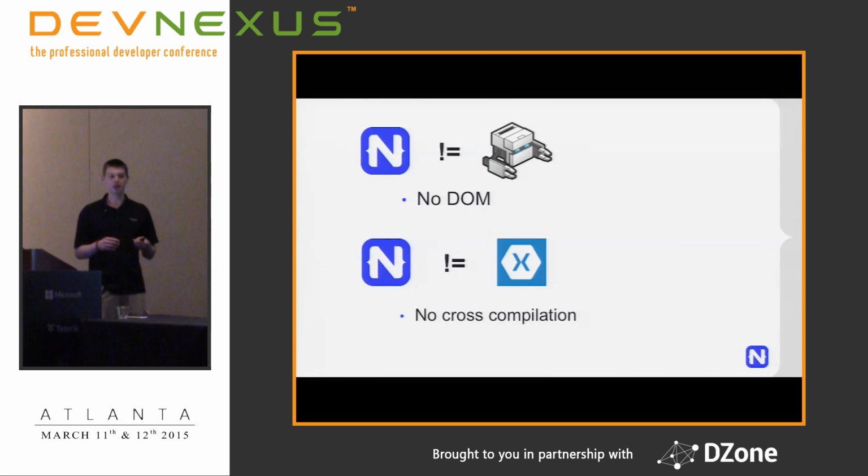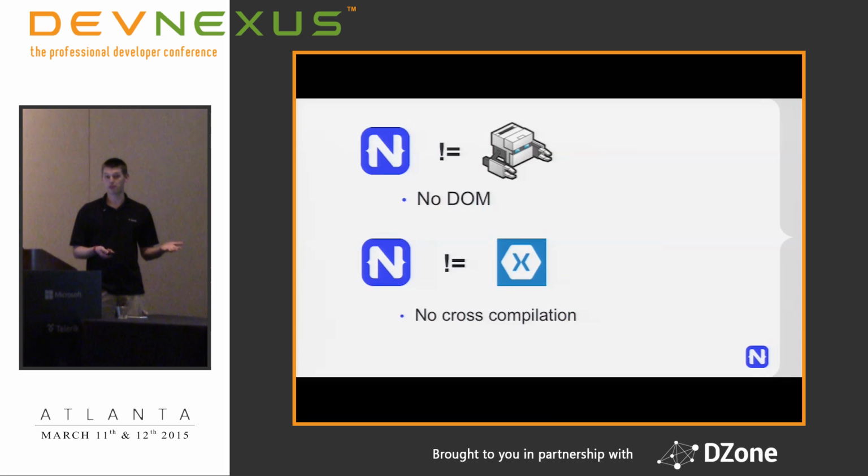So out of curiosity, how many people here are at least familiar with Cordova or PhoneGap? Okay, I think that's most people. So if you're not, PhoneGap is a way that you can wrap up a HTML, a web-based product in a wrapper, essentially a WebView wrapper, and deploy it as a native app. Now what makes NativeScript different than PhoneGap or different than Cordova is that in NativeScript there is no DOM, there is no HTML.